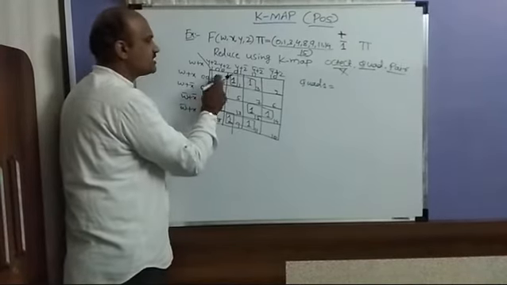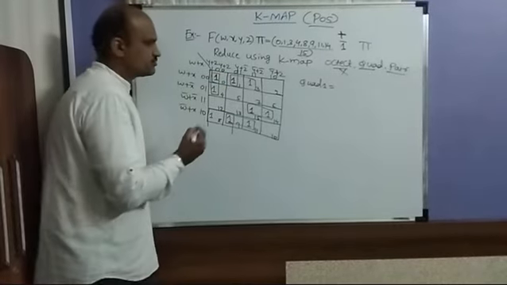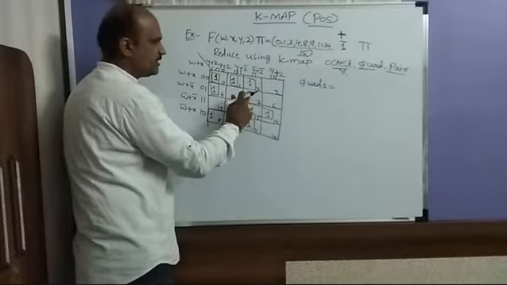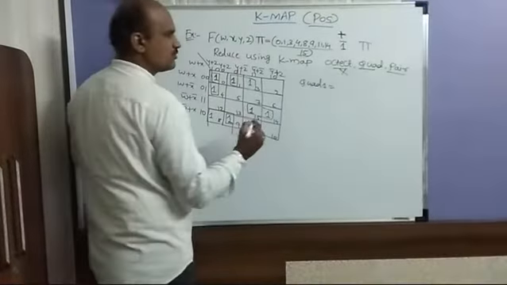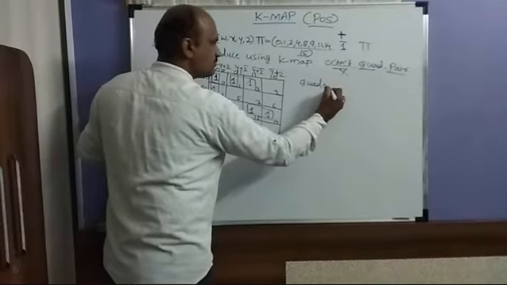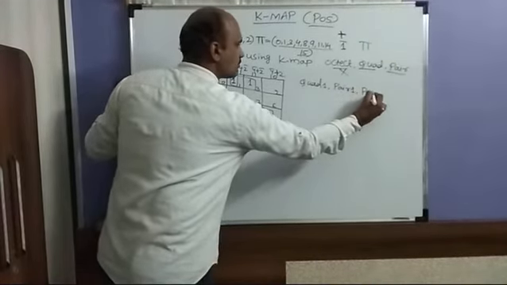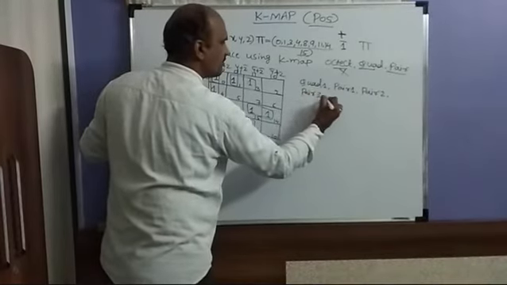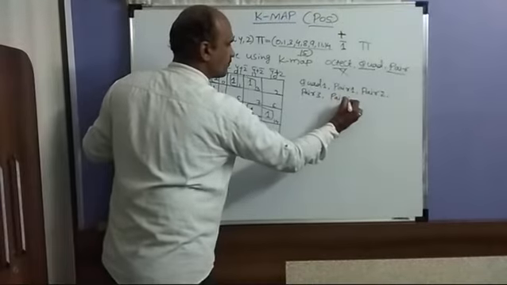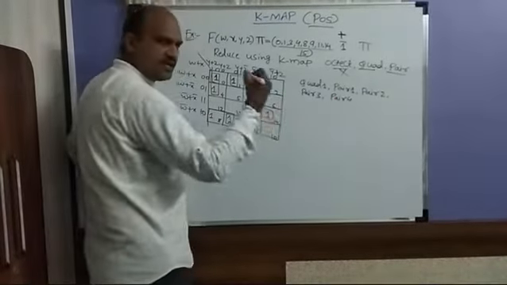We can combine this with this one. Okay. So total how many pairs? 1 pair, 2 pairs, 3 pairs, 4 pairs. Okay. So we got quad 1, pair 1, pair 2, pair 3 and pair 4 for this example.